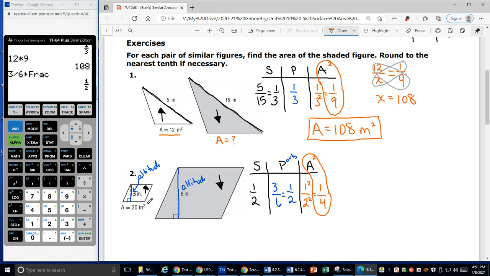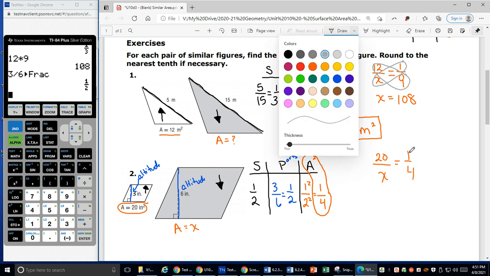Okay, my up area is 20. My down area is, I don't know, that's what I'm trying to find. I'm going to call that x. The ratio of these areas should reduce to the ratio of the areas, 1 to 4. And now I'm ready to cross multiply.